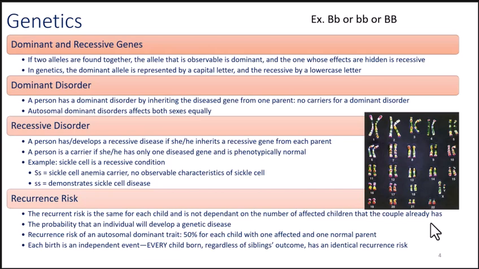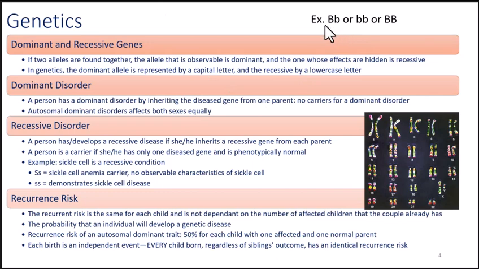Now the effects of one allele can mask those of another when those two are found together. So in other words, if we have a heterozygous situation where we have two different alleles, one can be masked by the other. For example, the allele for brown eyes, let's say capital B, and the allele for blue eyes is a lowercase b.